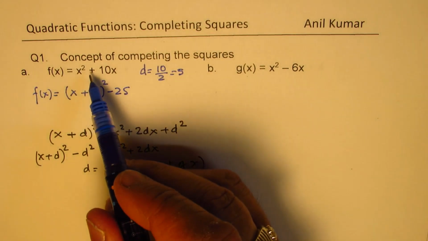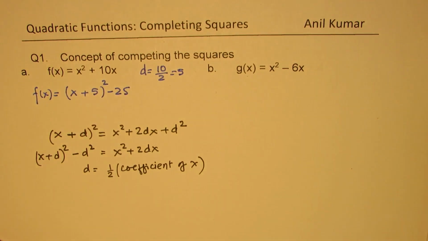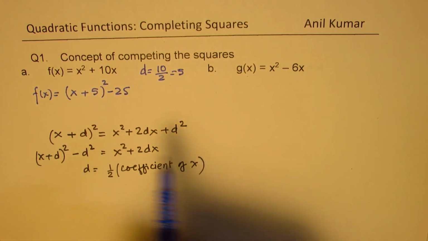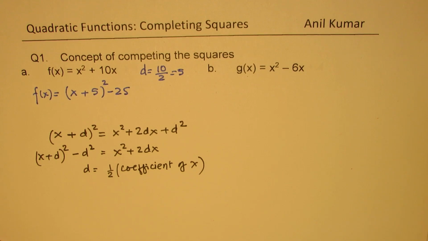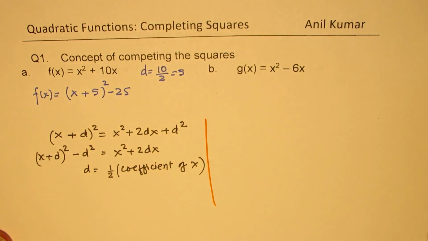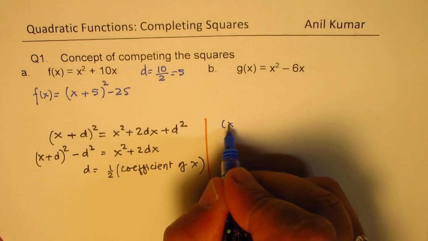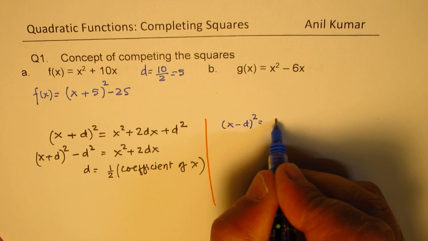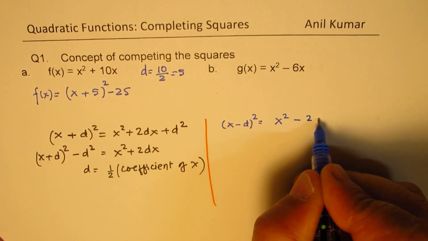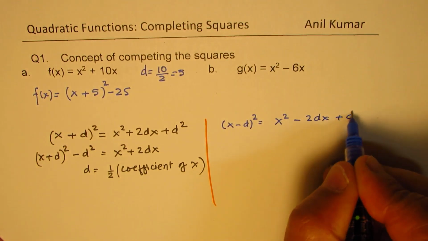So if this is positive, we take the positive term, right? Now, think about it like this. If instead of positive, we have negative, that is to say, if I'm writing (x minus d) whole square, I get x square minus 2dx plus d square.